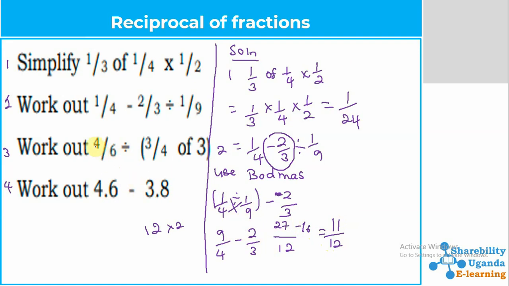Our number 3 is 4 out of 6 divided by the bracket of 3 out of 4 of 3. So that is our number 3.